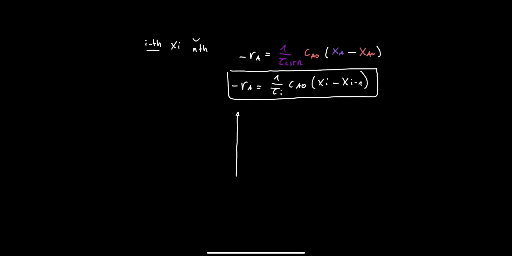So if we would plot this, on the y-axis we have negative RA, and on our x-axis we have the conversion of the species A. If we start at conversion A0, this is a linear function.